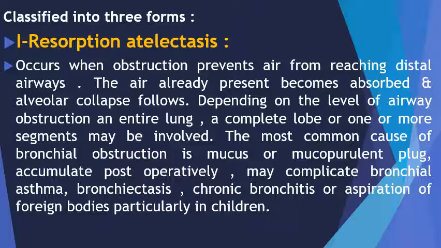So the air already present becomes absorbed and the alveolar space collapses. Depending on the level of the airway obstruction, a complete lobe or one or more segments might be involved.